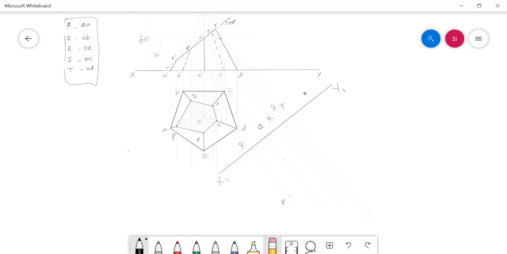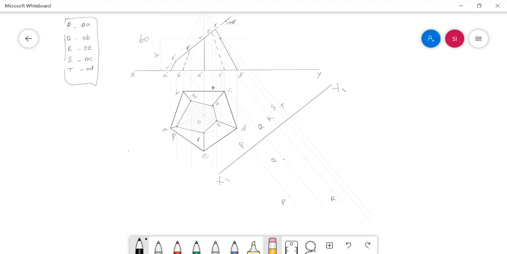I am marking them with the approximate distance only. On your paper, when you try with the proper tools, you can mark them exactly. And from xy, the point R is located this much distance. With the same distance from x1 y1 in the projector of R, I am marking the point R.